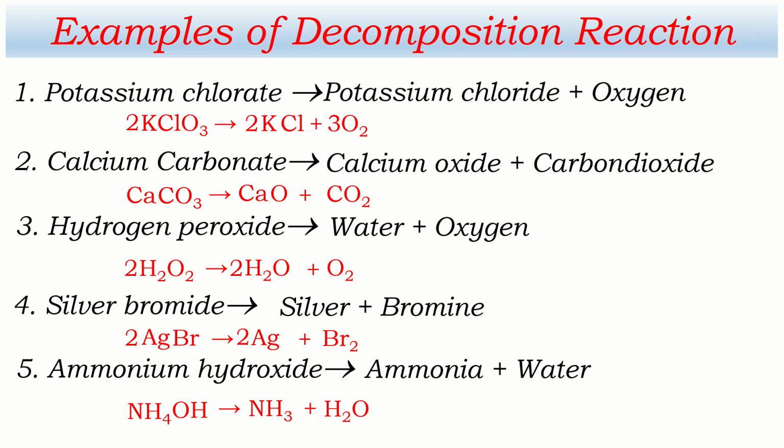Sometimes the same reaction can be asked in the form of a question: what happens when potassium chlorate is heated at high temperature, or what happens when hydrogen peroxide decomposes, etc. Whatever it is, now I think we are able to write a balanced chemical equation for decomposition reactions. Okay, we'll meet in the next class with another topic.